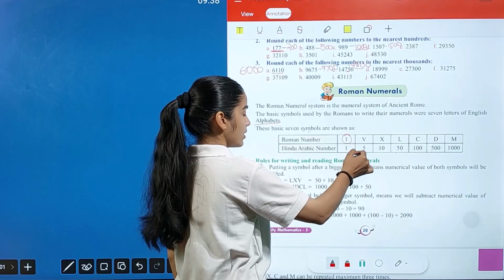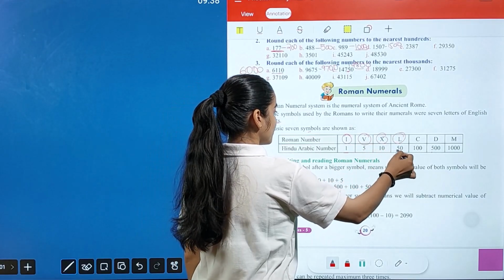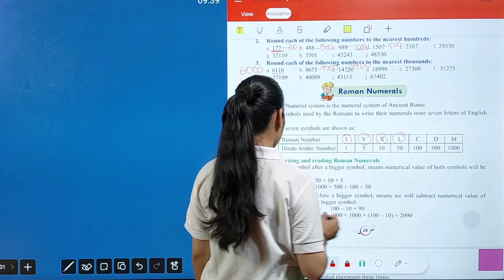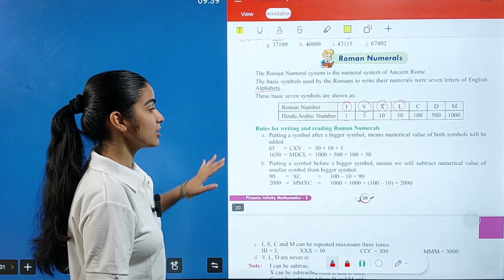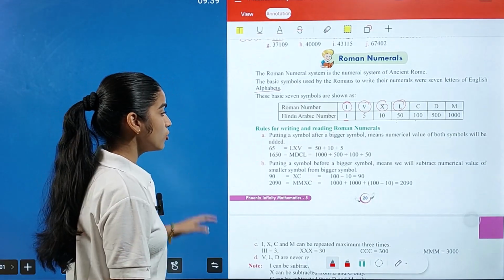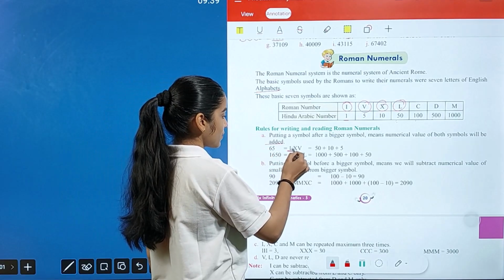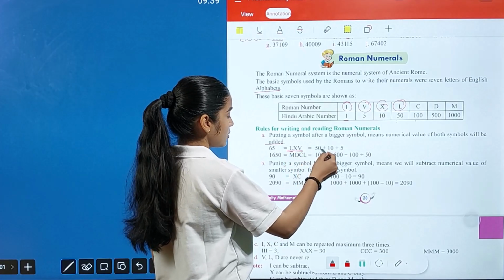The basic 7 symbols: I means 1, V means 5, X means 10, L means 50, C means 100, D means 500 and M means 1000. The rule for writing and reading Roman numbers: putting a symbol after a bigger symbol means the numerical values of the symbols will be added. For example, we have L which is 50, then we have X which is 10 and then V which is 5.